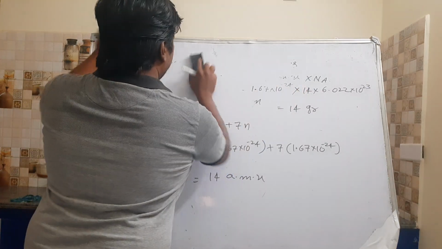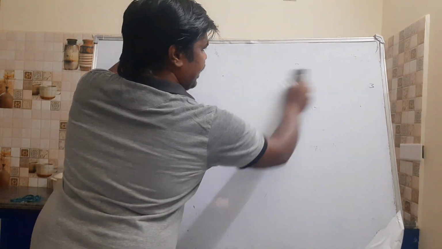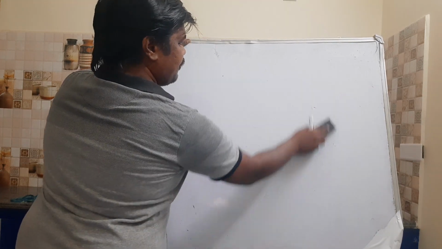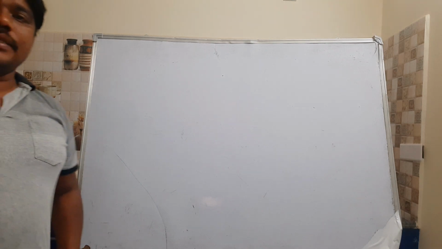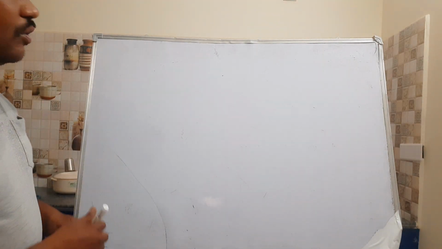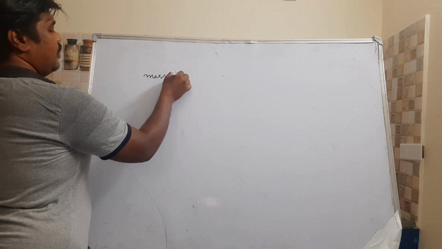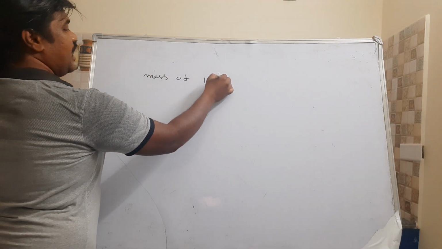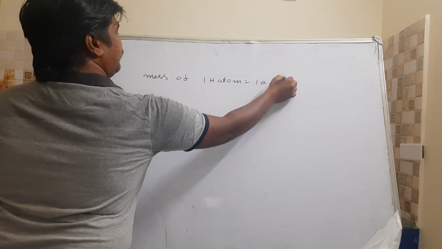Now I am going to give you clarity about AMU and grams. AMU stands for the mass of one atom, and grams stands for 1 mole of atoms. So the mass of one hydrogen atom is 1 AMU.